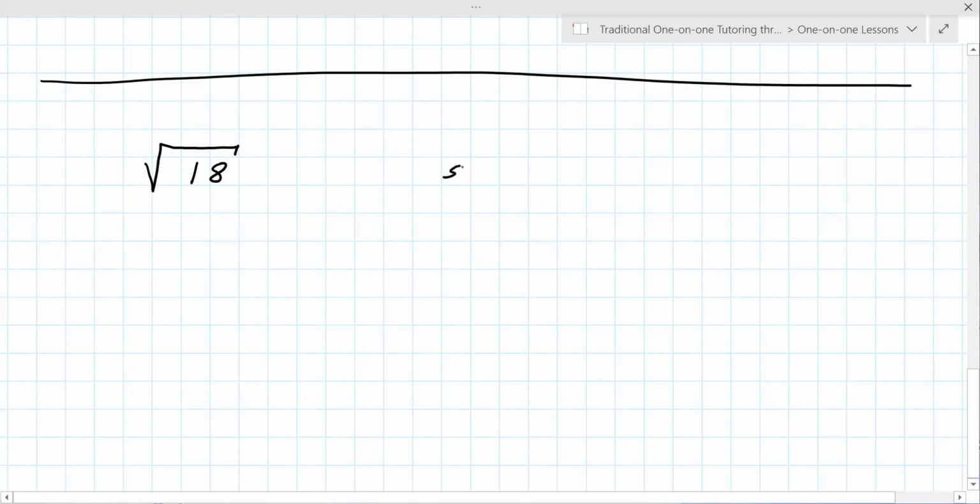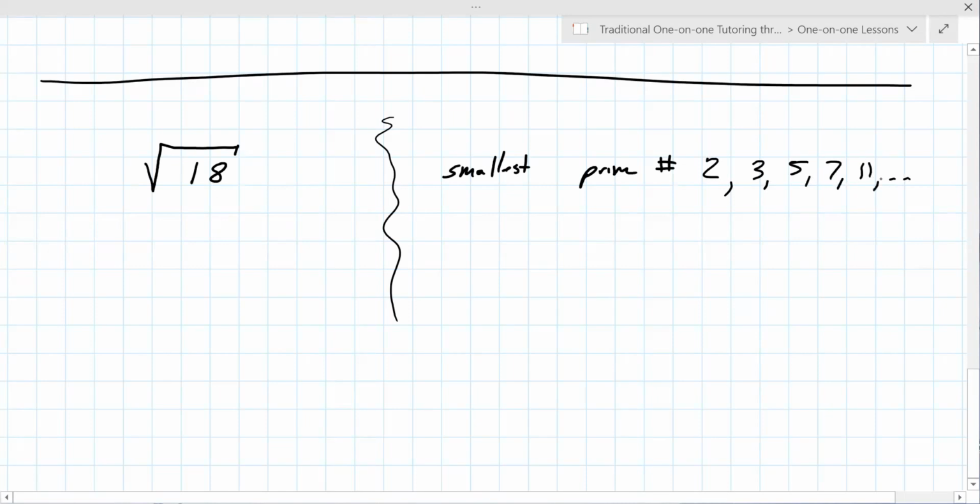What is the smallest prime number? Not necessarily for this, just in general. I need to make sure you know the numbers you're supposed to try. What number should you try first? 1? 1 is not a prime number. 2 is the smallest prime number. Then 3, then 5, then 7, 11, and so on. We're never going to get really that high, but we're going to start with that.